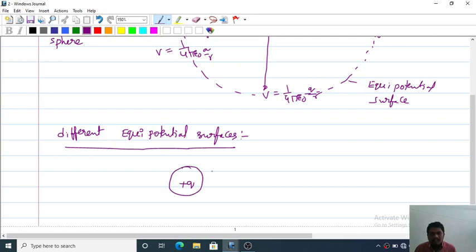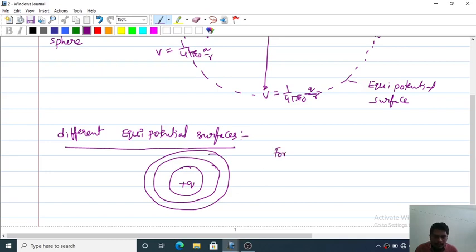This is one equipotential surface. If you take another distance, you can draw another equipotential surface. So for a point charge, the equipotential surface is a sphere.